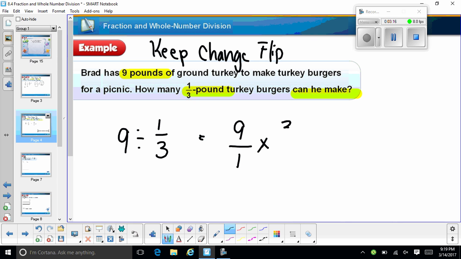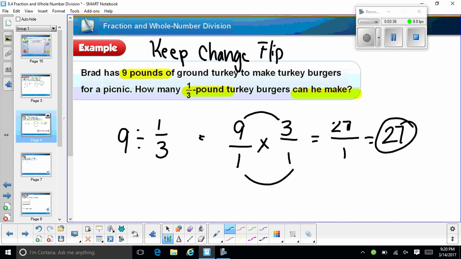So in this case, it would become 3/1. I'm then going to multiply like I would with fractions. 9 times 3 is 27. 1 times 1 is 1. I'm then going to simplify, and so he can make 27 burgers.